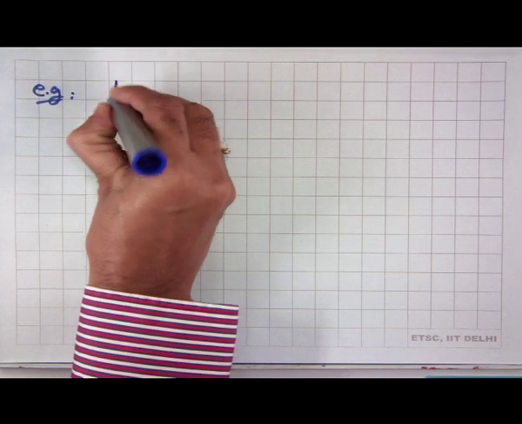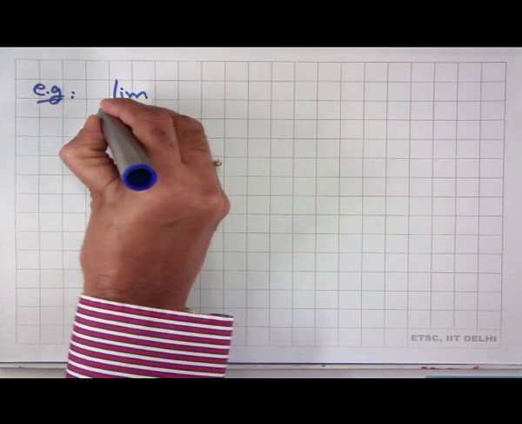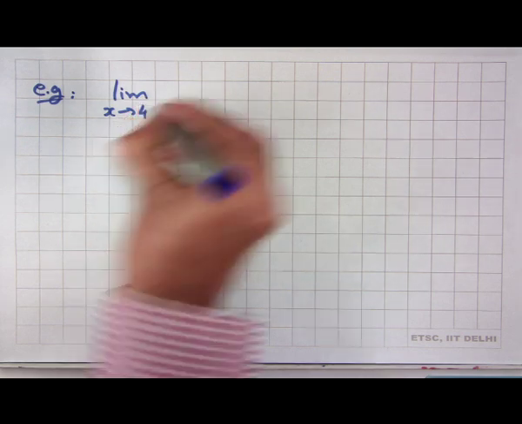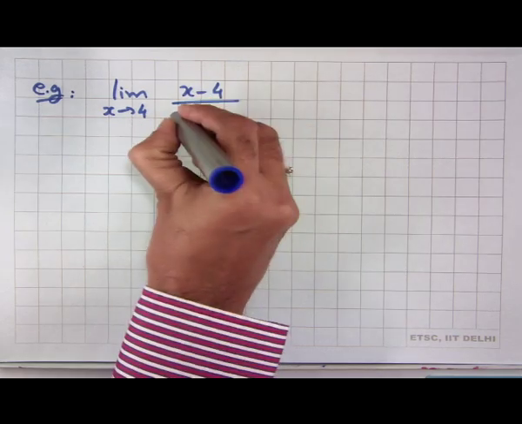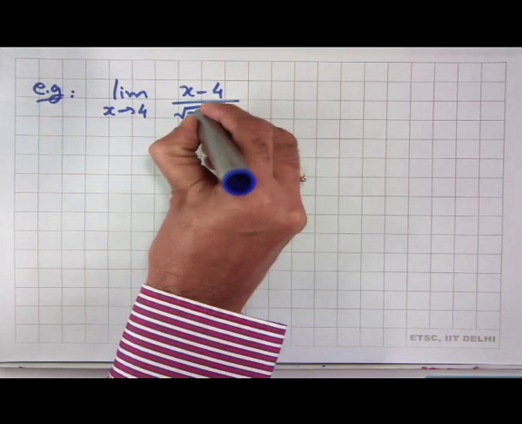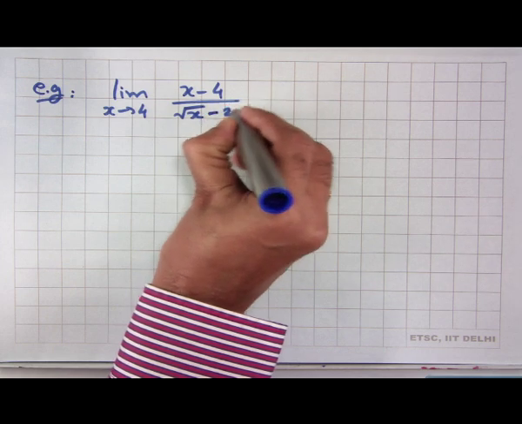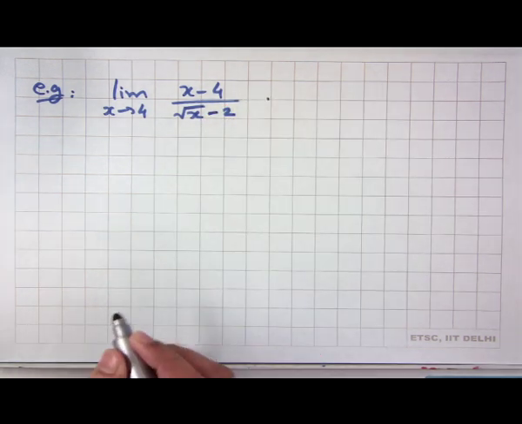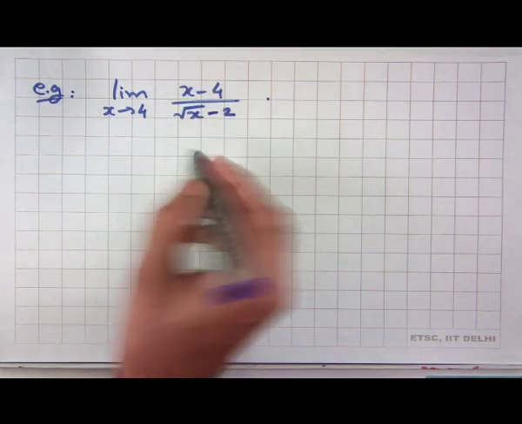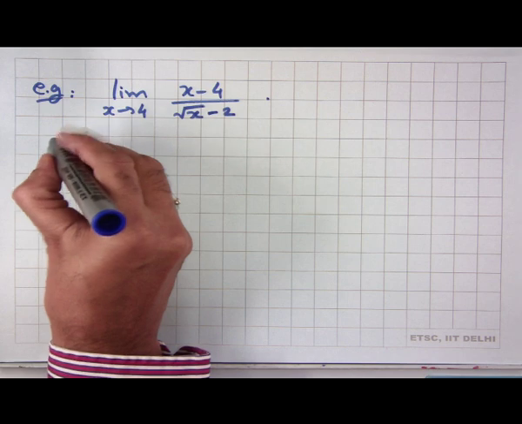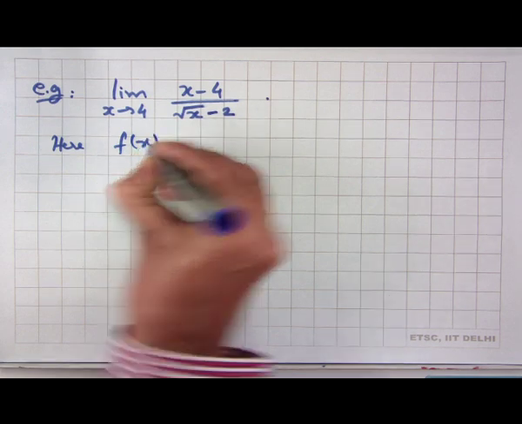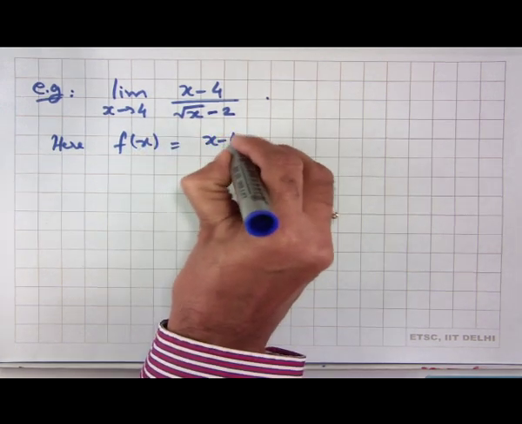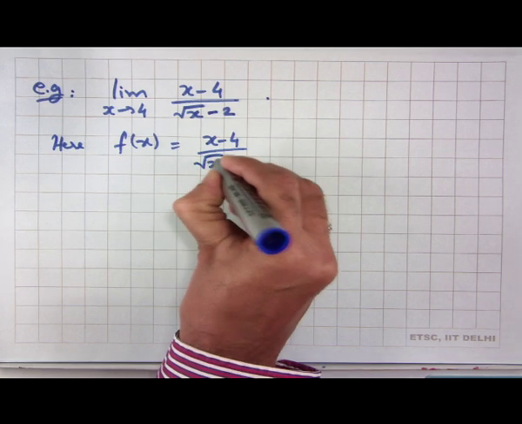Let us do one more example. What is the limit as x approaches 4 of x minus 4 divided by square root x minus 2? Here we have the function f of x equal to x minus 4 divided by square root x minus 2.